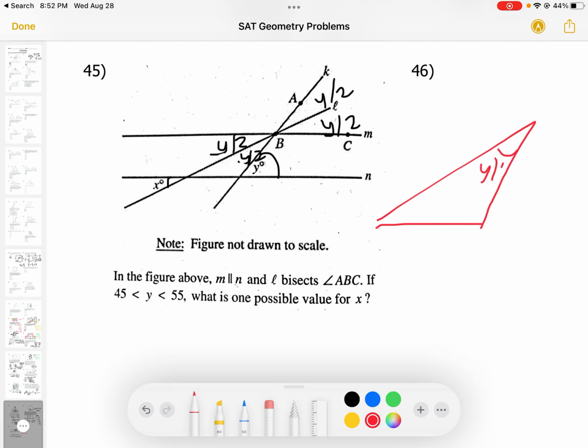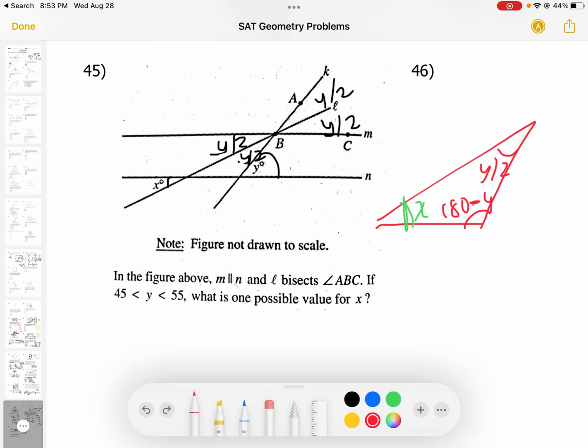So like I said, this angle right here, which I found, is y by 2. We are concerned with this angle. This angle is our x. And we know already that this angle is 180 minus y. And we know this angle is equivalent to x by the vertical angles theorem.